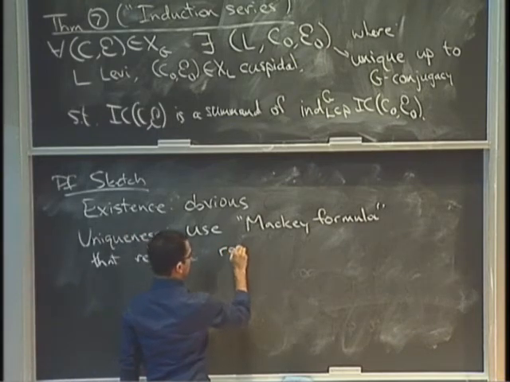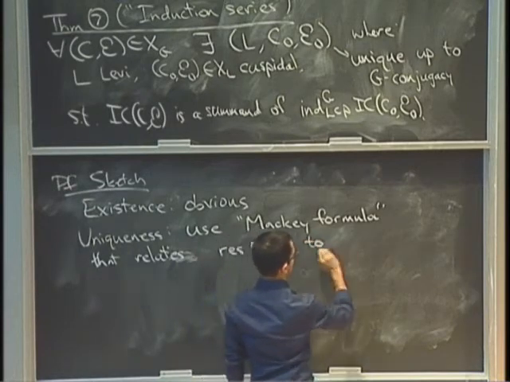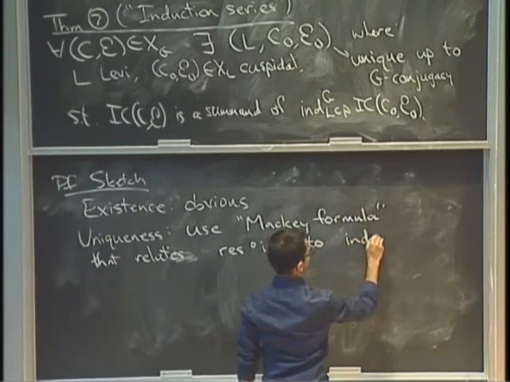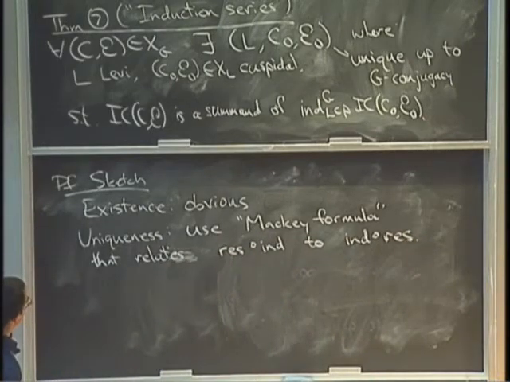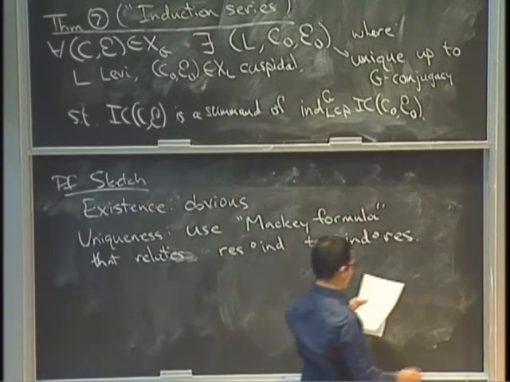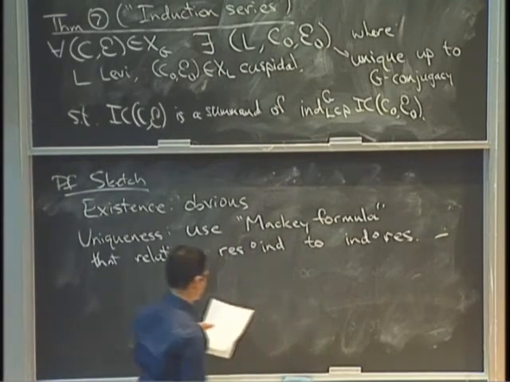So something like if you induce from one Levi and restrict to a different one, then you want to write that in terms of restricting to various smaller Levis and then inducing from them. Anyway, I'm not really going to say anything more about the proof of that.